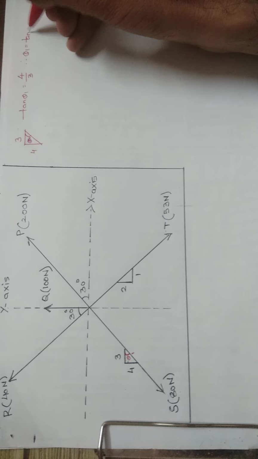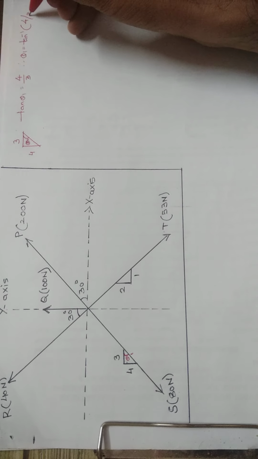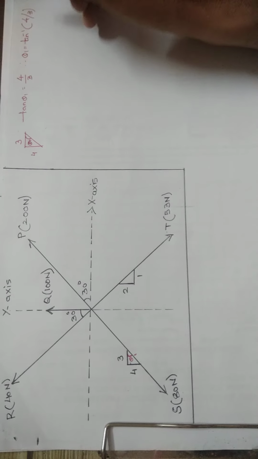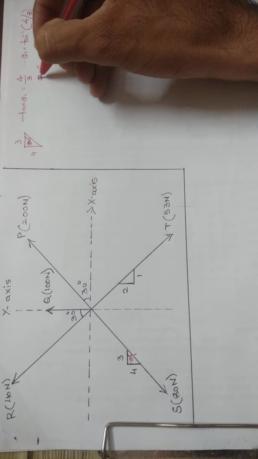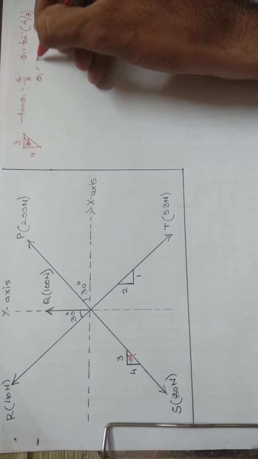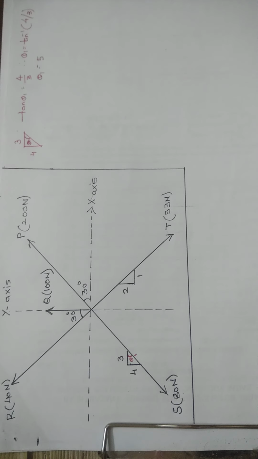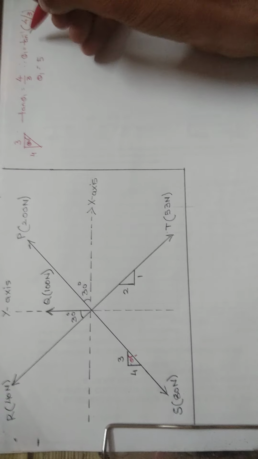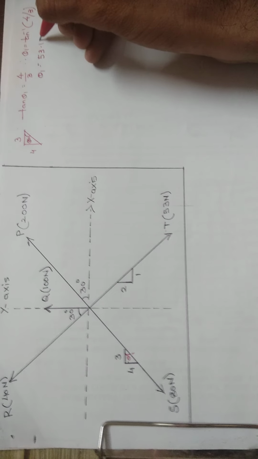Calculating tan inverse of 4 by 3, theta 1 comes to be 53.13 degrees. So 53.13 is the angle theta 1.